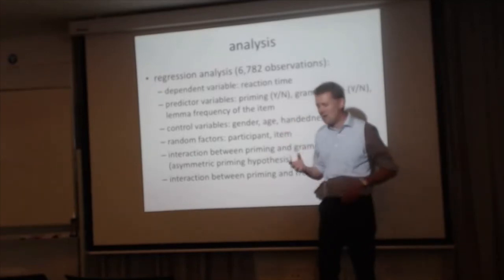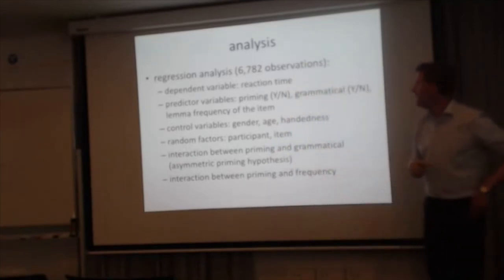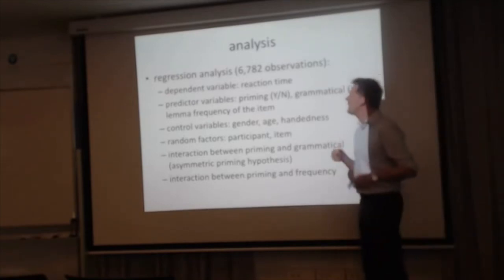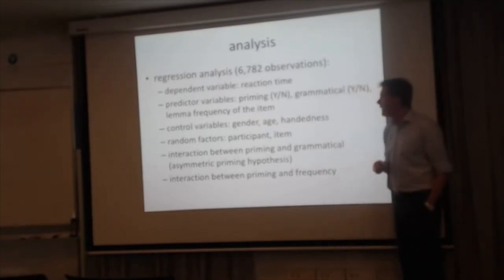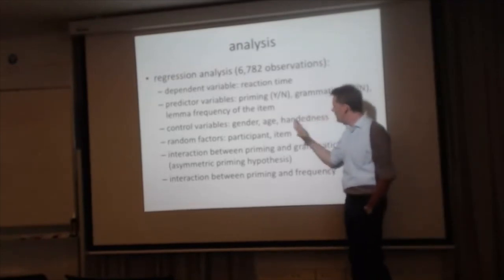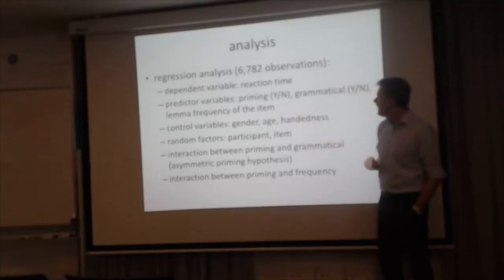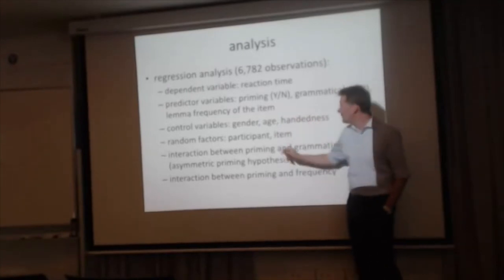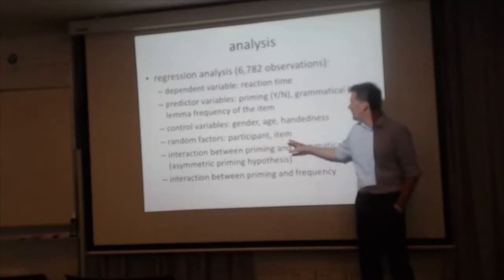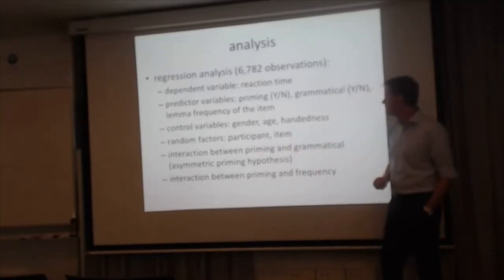Something like, say, used, from used to, is much less frequent, and therefore it benefits much more from being activated before. All right, we had some control variables just to make sure that these don't skew our results. Gender, age, handedness, left and right. And as random factors, we modeled different intercepts for participants and for items, that is our linguistic elements.